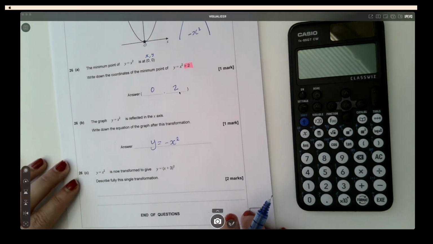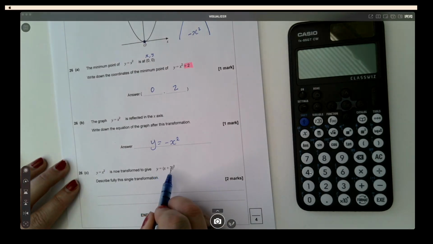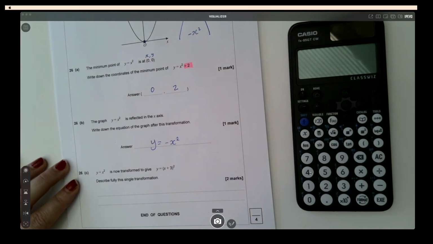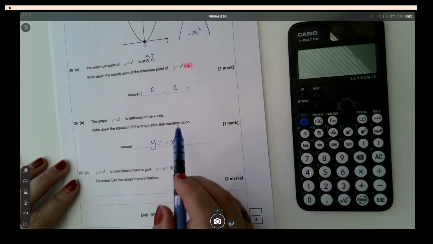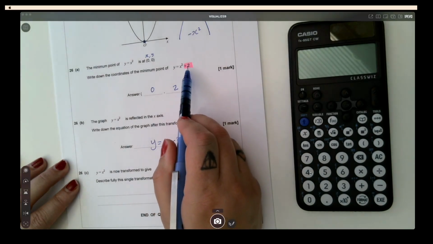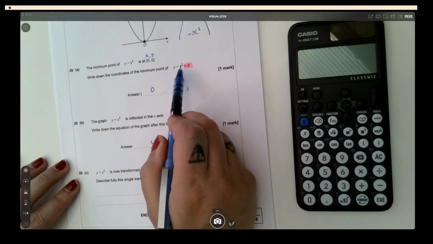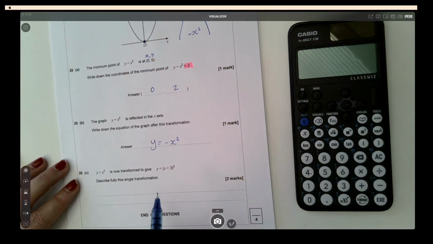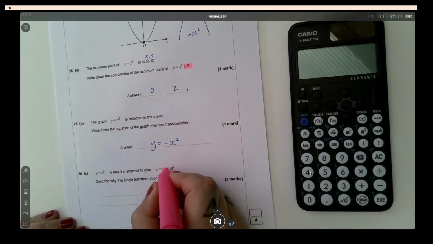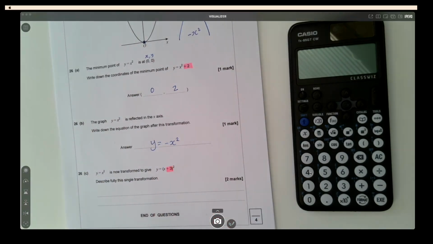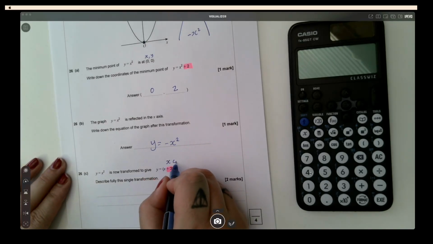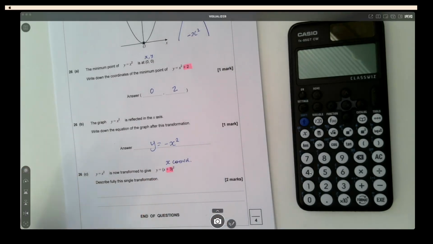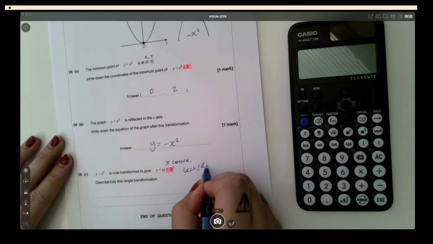And then 26c, y equals x squared is now transformed to give y equals x plus 3 all squared. Describe fully this single transformation. So up here, this difference in the equation was not attached to the x and the squared term, so it dealt with the y coordinates. Here, this plus 3 is inside the brackets, it's inside the squared term, so this is dealing with the x coordinates, or what we do to move this graph sideways, so left or right.